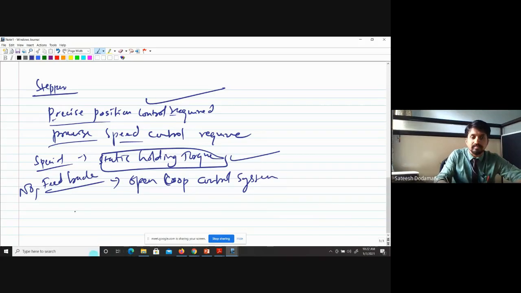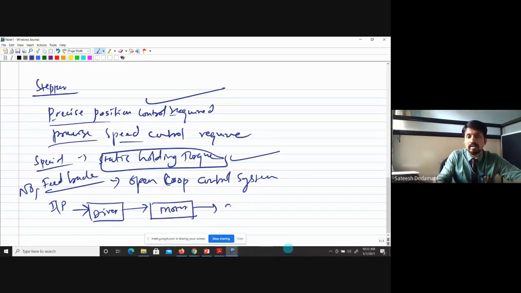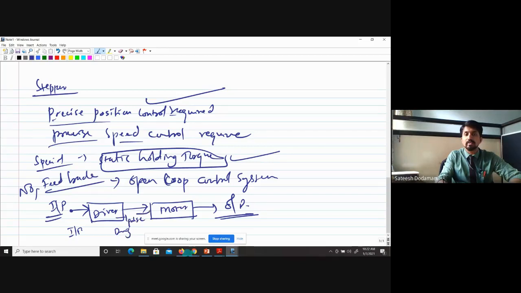That means, for example, you give the input to the driver circuit, and from the driver circuit it goes to the motor, and here you get the output. After the input, the driver circuit converts the input analog signal into a digital signal, and the required pulses are generated and given to the motor.